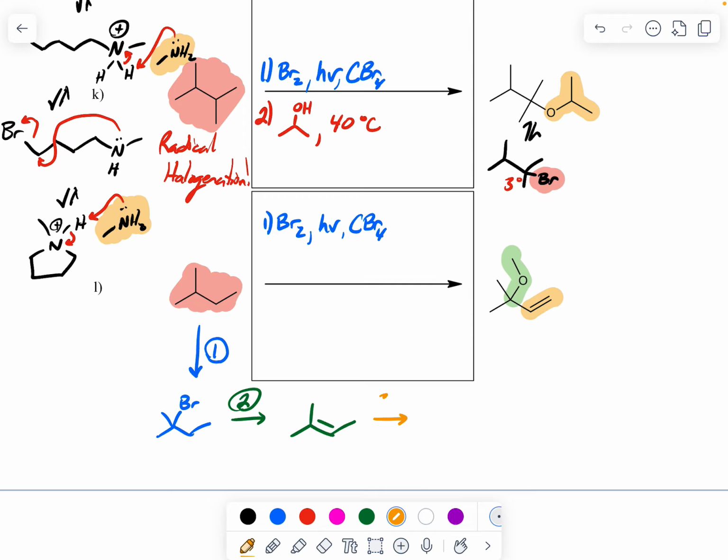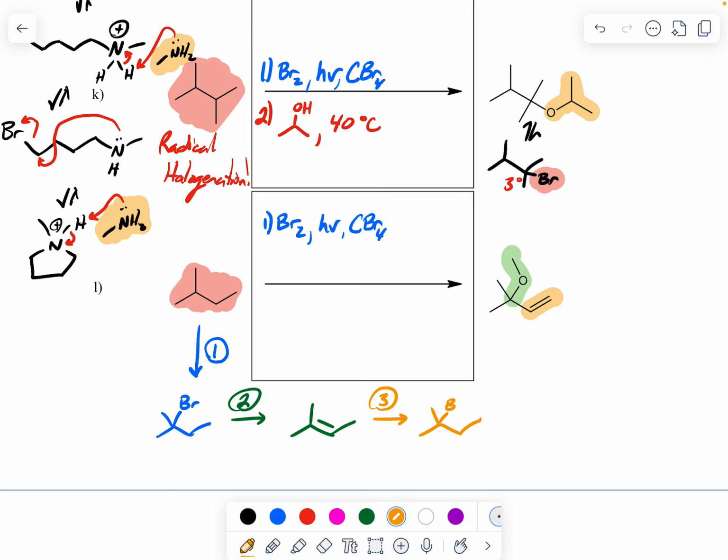Notice that if our radical ends up on this carbon over here, a resonance form can be shown that actually puts the radical onto the tertiary carbon. This would allow us to still install a bromine there, and we'd also get the benefit of having our alkene on the terminal part of the molecule, which is exactly what we want. So in this scenario, I would say that's what we want to do in that step.